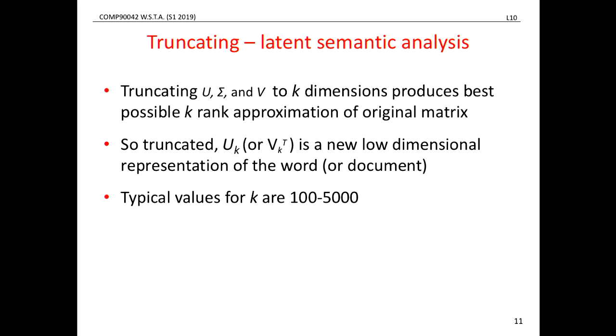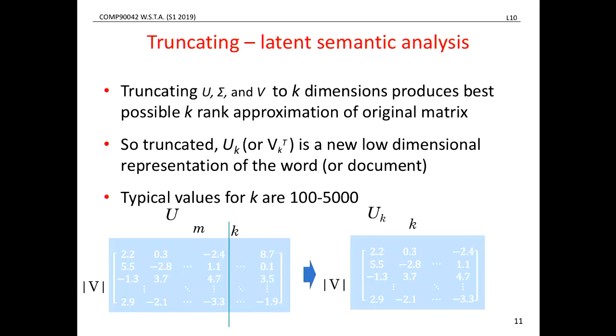Okay, so what we tend to do is truncate. Once we do this, we end up with a low dimensional version of each document, and a low dimensional version of each term. So just giving you a little picture here, this is our U matrix.